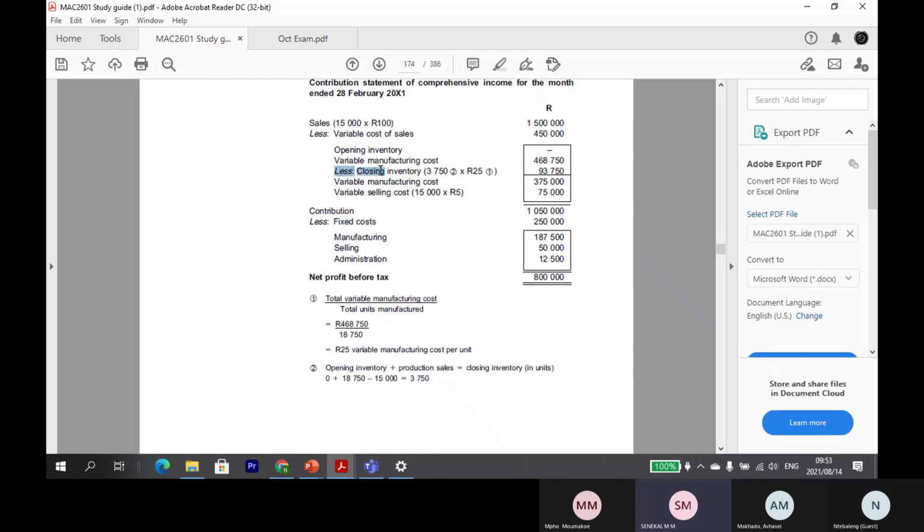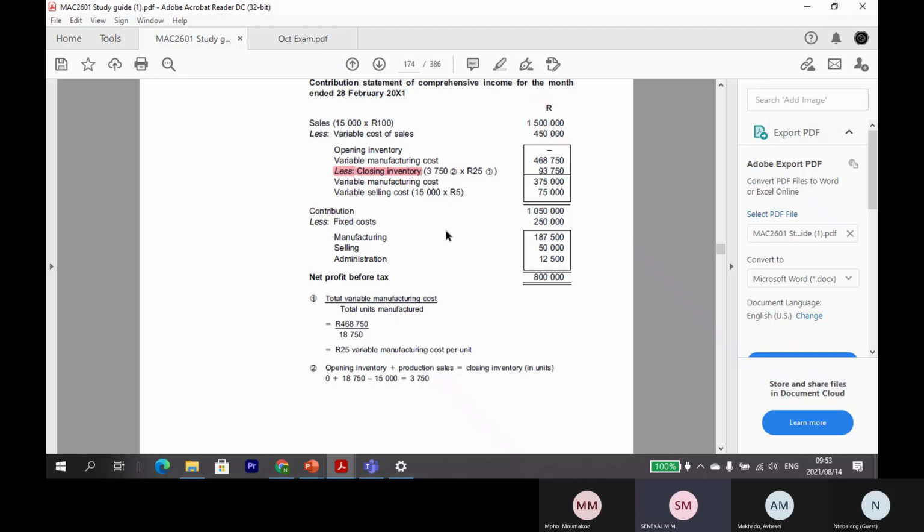If you keep your screen right there, with the variable cost, I only wrote, for instance, the variable manufacturing cost, and then after that in brackets I wrote my whole calculation, and then I showed the total. I didn't say that opening inventory is that.